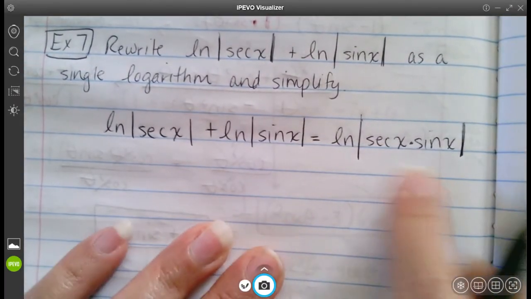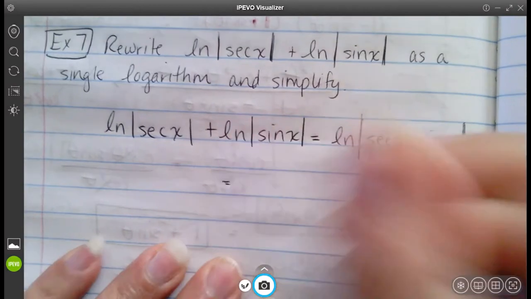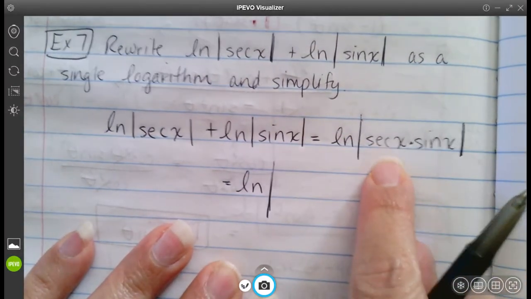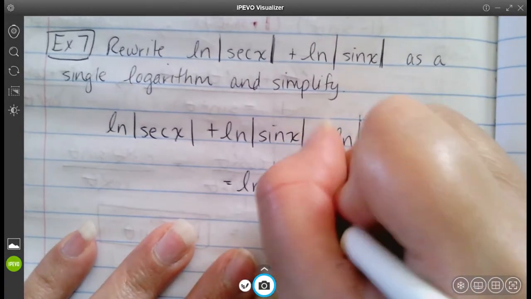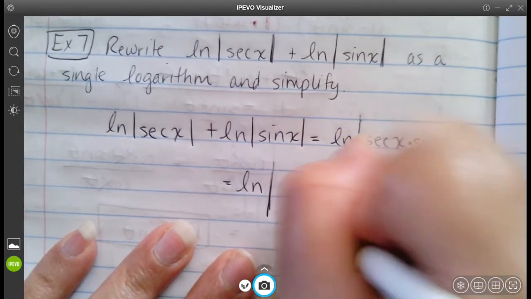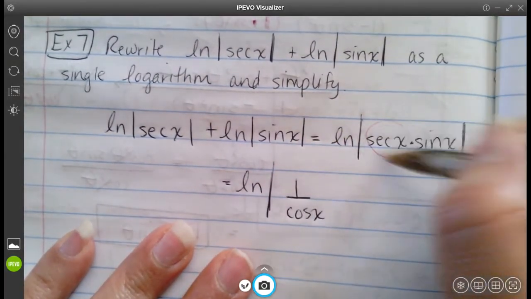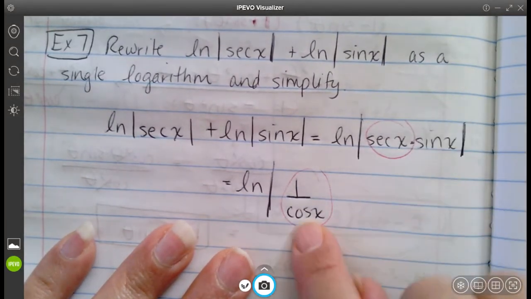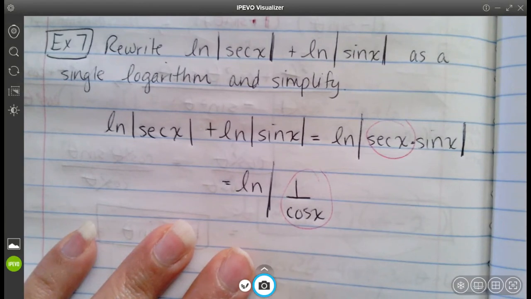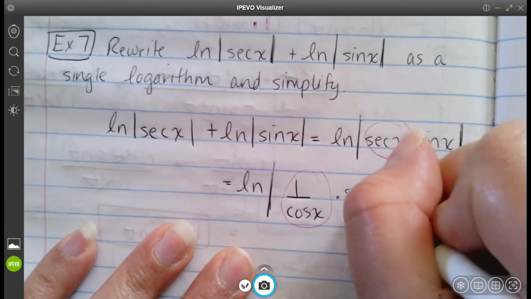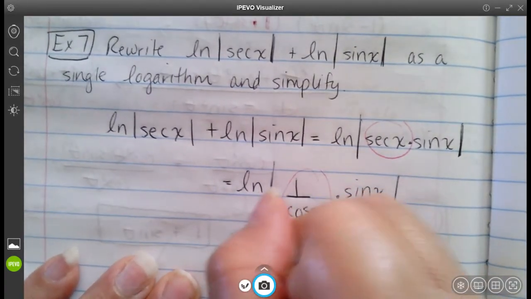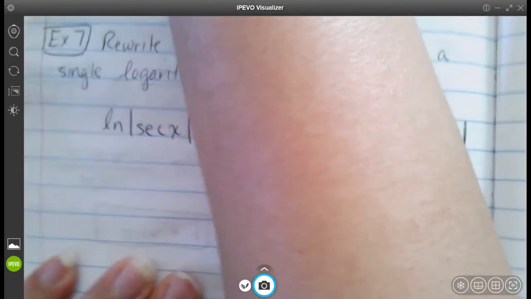And from here, it's just a matter of simplifying this. So we're going to go ahead and do that. I know that secant of x is, what is that? 1 over cosine of x. Remember, this is the reciprocal of that. So it's equal to 1 over cosine times sine of x. Okay, I'm going to write this just so it looks a little bit nicer.